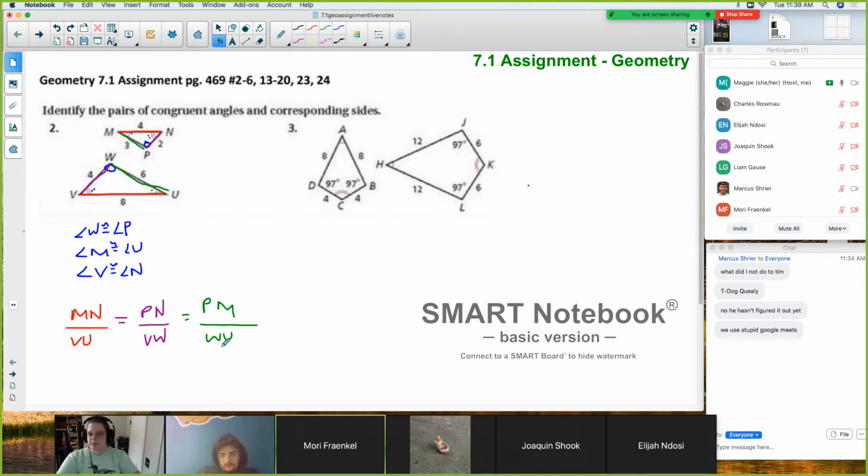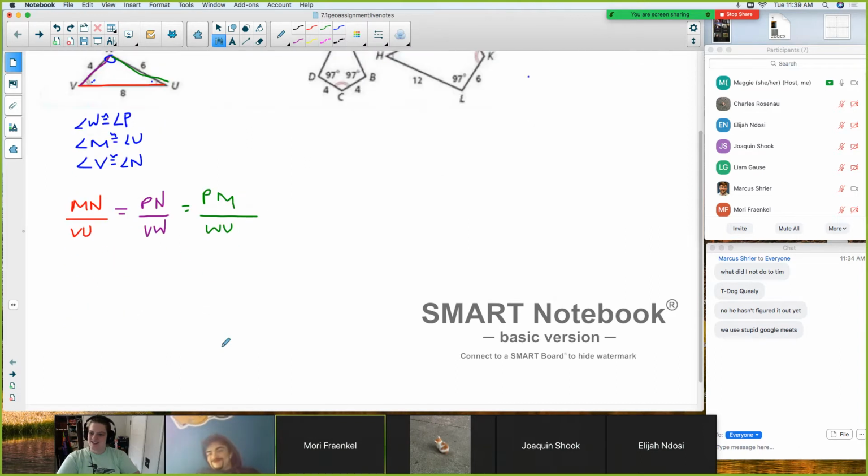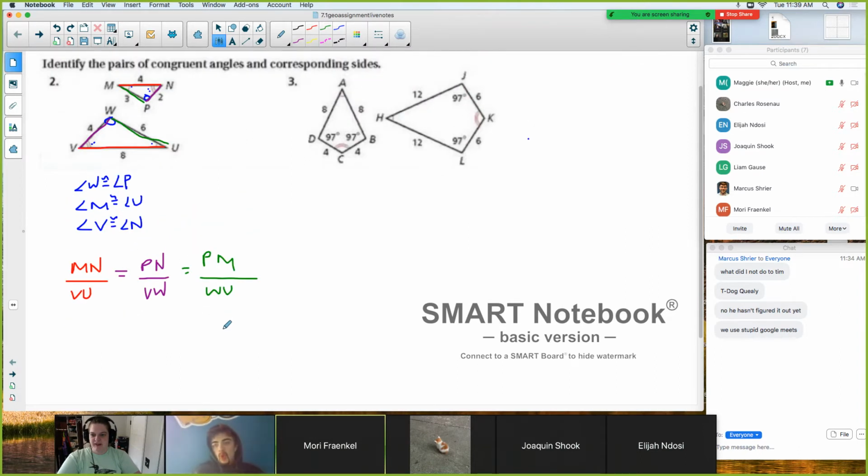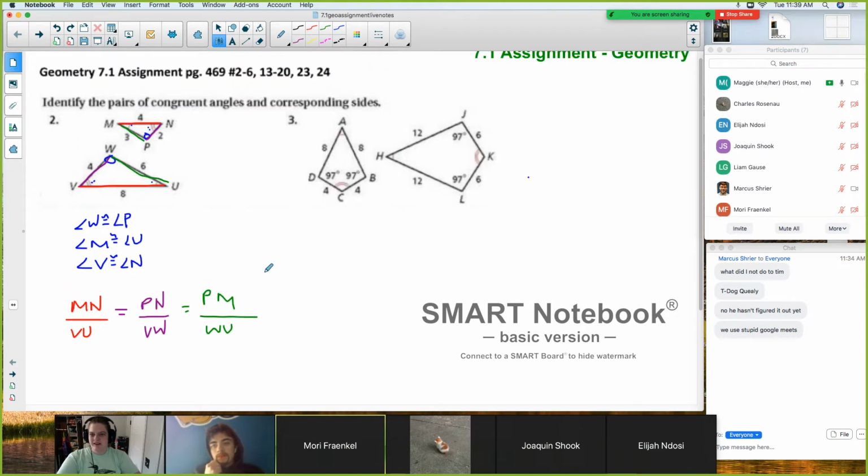Those are all the corresponding sides. These all compare, and if I knew their lengths, which I do, I'd also know the scale factor. It doesn't necessarily say anything about making that number, so cool.